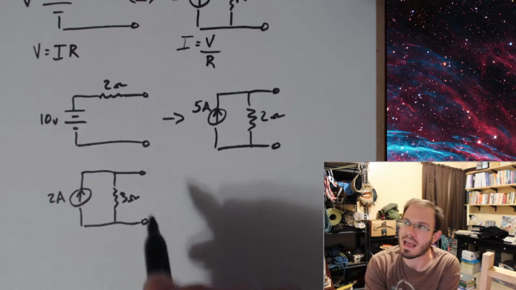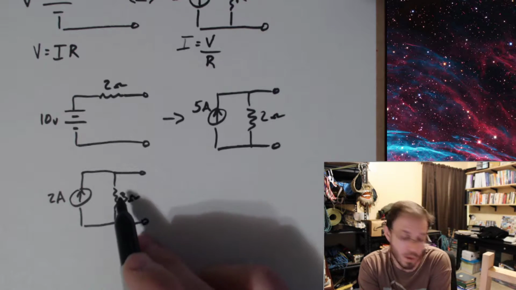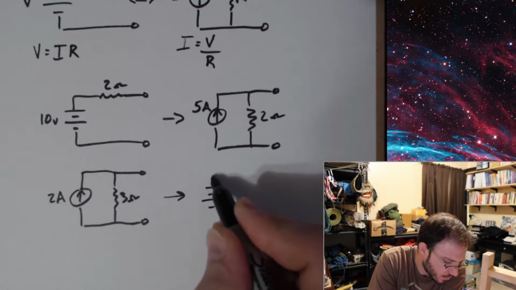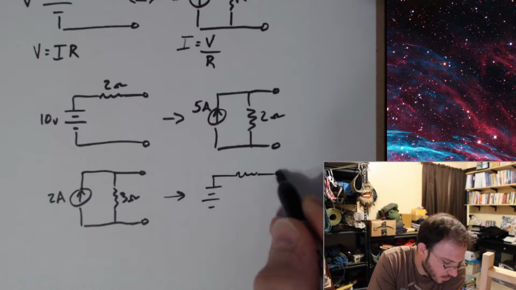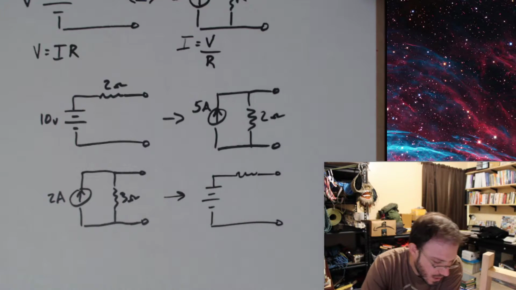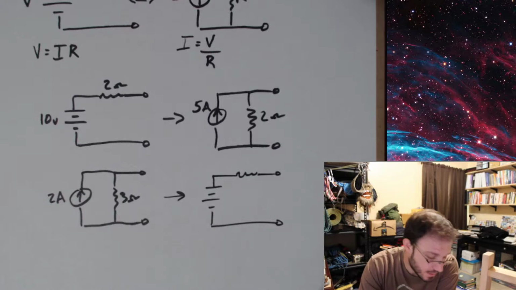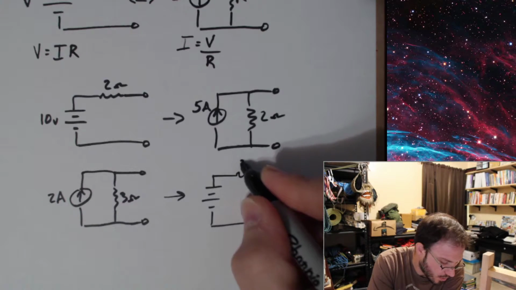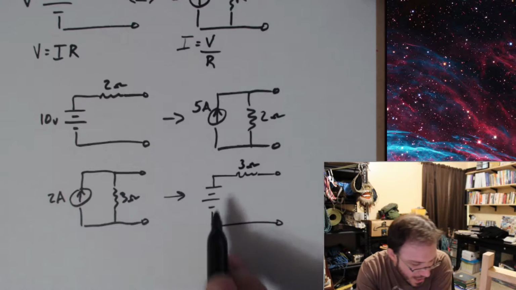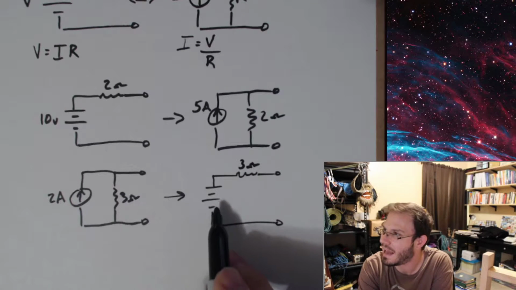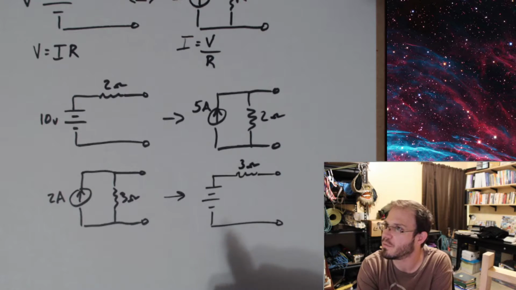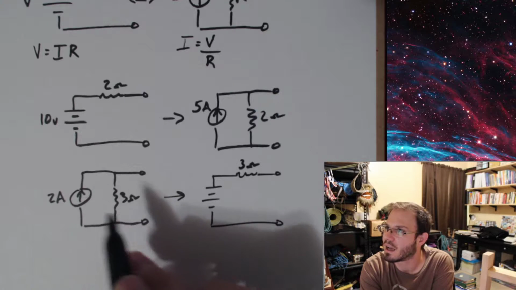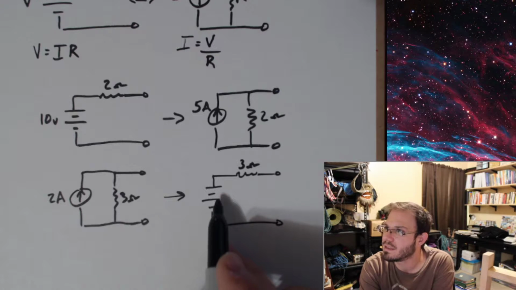But let's just say that we wanted to convert this into this. Well, the resistance is going to stay the same. Our parallel 3 ohms is going to be 3 ohms. And we just need to apply Ohm's law to get our source transformation here. So in this case, V is going to be equal to I times R. So this ends up being 6 volts.